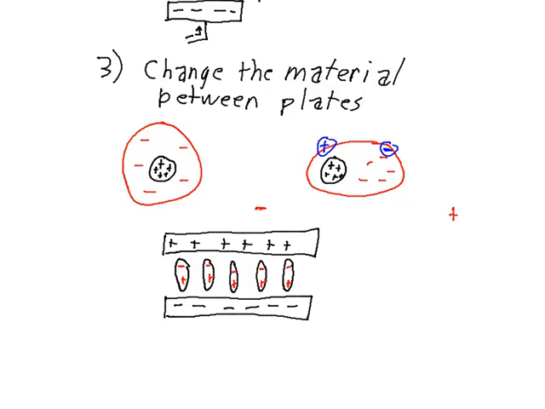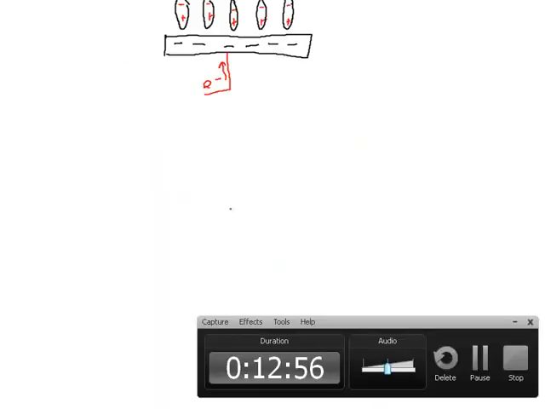But at the same time, because you're now more positive on this side from the dipoles of the dielectric, it's going to want to pull more electrons in, and the negative on this side is going to want to push more electrons out. So the more polarization you get with the dielectric, the more electrons you're going to be able to pull in on the bottom, and push out on the top.